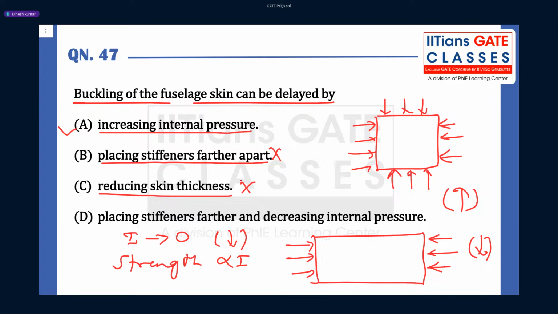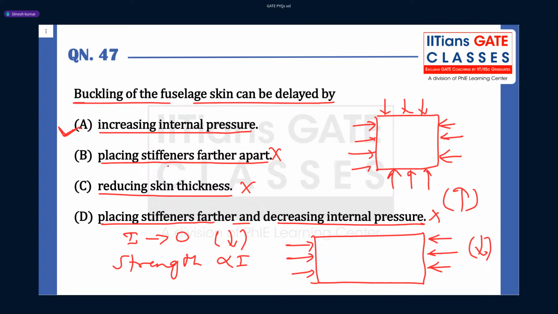And of course D says what? Placing stiffeners farther and decreasing internal pressure. So D is also not correct, because option B is there in D, and also it is opposite to A. So only A is the correct answer. So how can the buckling strength be increased?